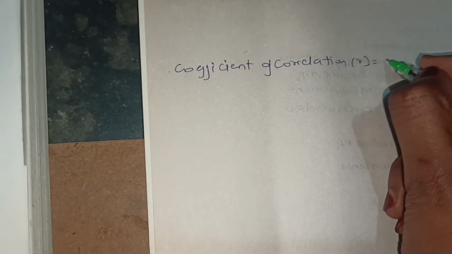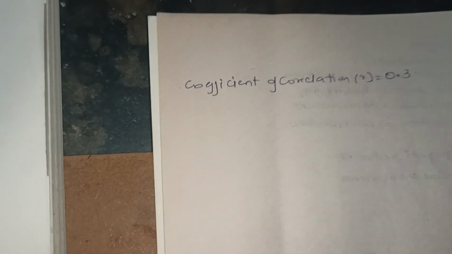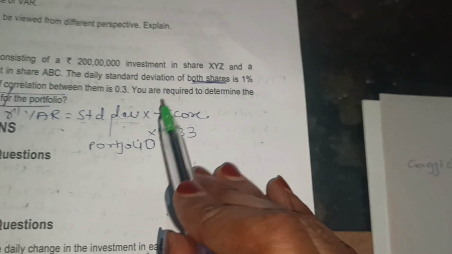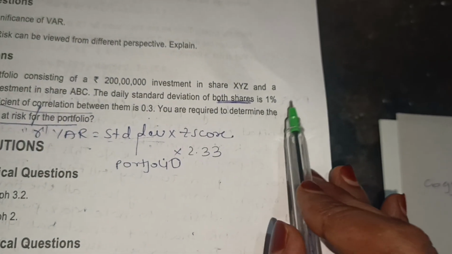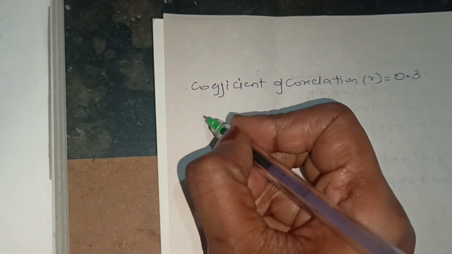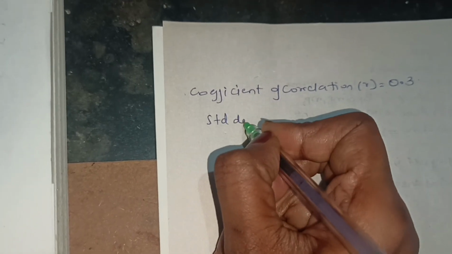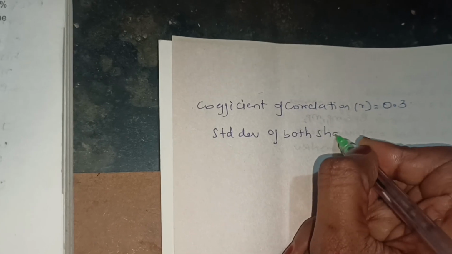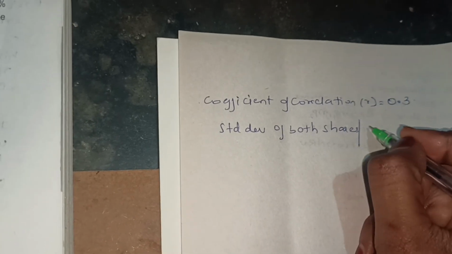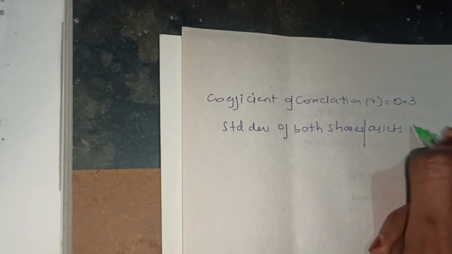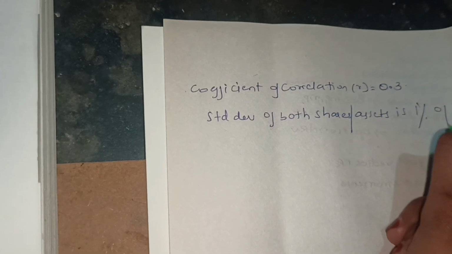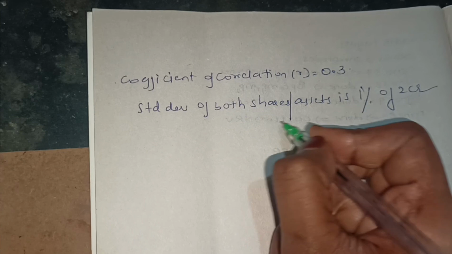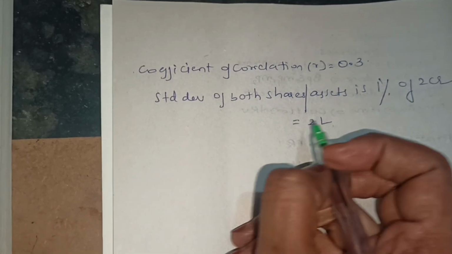So it is given in the question as 0.3, and the daily standard deviation of both shares, or else you can say assets, is 1%. 1% of 2 crores, that is nothing but 2 lakhs.